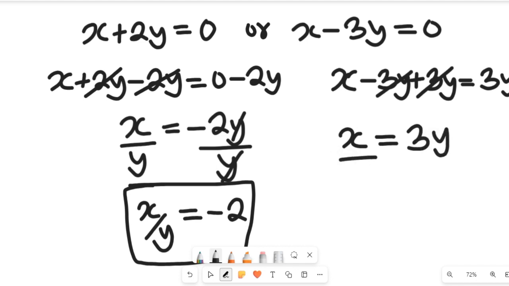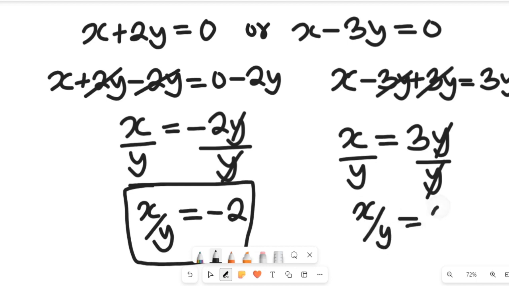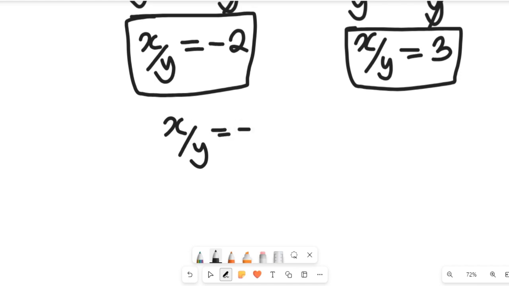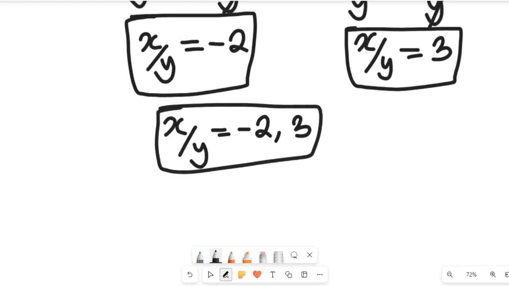So let's divide both sides by y as we did on the other side, and we'll clear y, and then our x divided by y will be equal to 3. Great. So this is another solution to that expression. So you see, we have two solutions for x divided by y. Our x divided by y will be equal to -2, or it can be equal to 3. These are the two solutions for that value of x divided by y.